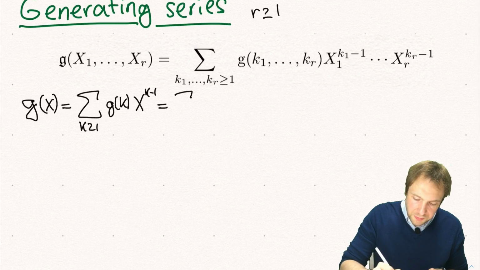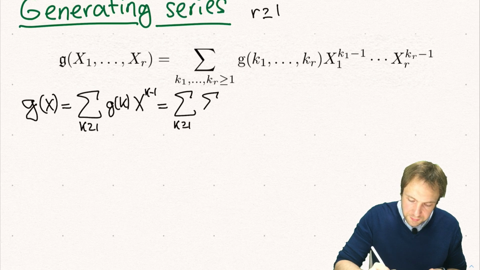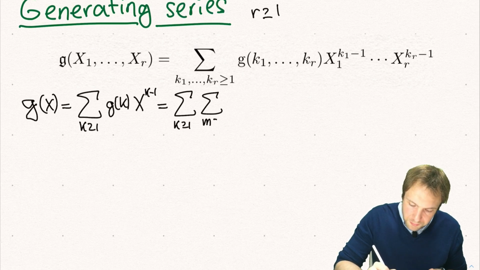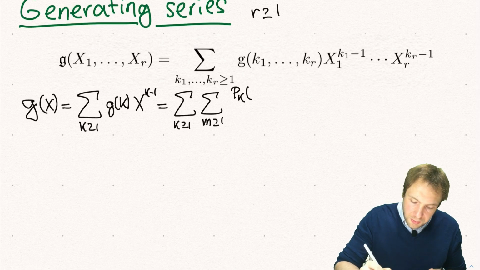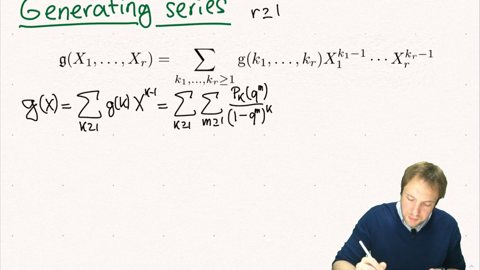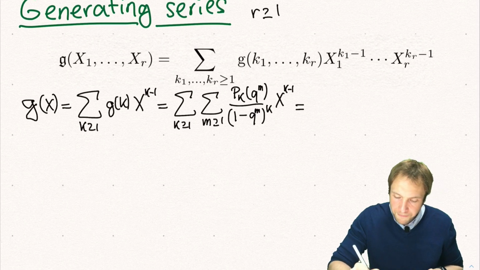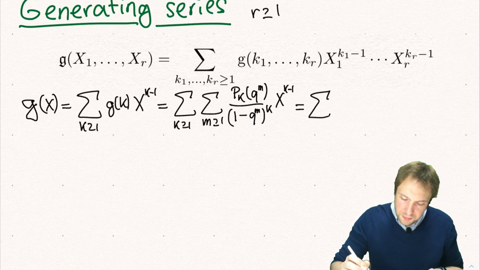So let's write down the definition. This is the sum over m of the Eulerian polynomial at q to the m, 1 minus q to the m, k, x to the k minus 1.